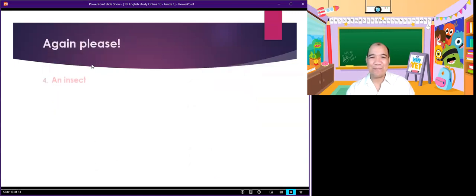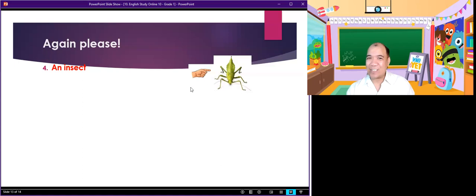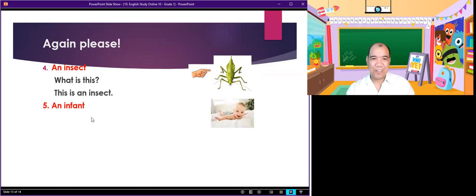Again, please. An insect. What is this? This is an insect. An infant. What is this?